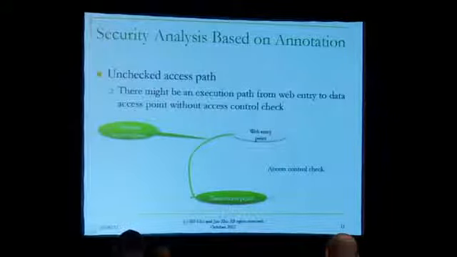The squiggly sign on the side is where the annotation is. With that information, we can run static analysis by looking at all possible paths from all possible web entries to that particular database operation. If we find a path along which there is no annotation, then that is a possible point for bypassing of the authentication check for access control.